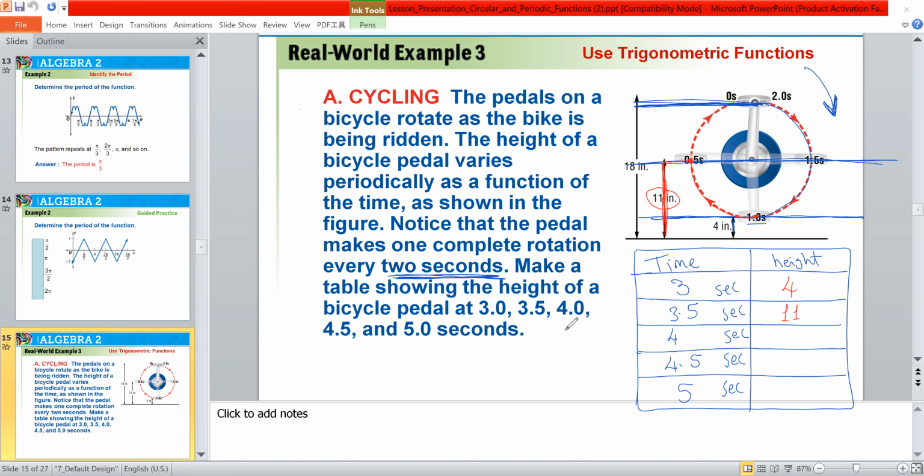When we go by half a second again, to be at 4 seconds, the height will be 18. Okay, 4.5.